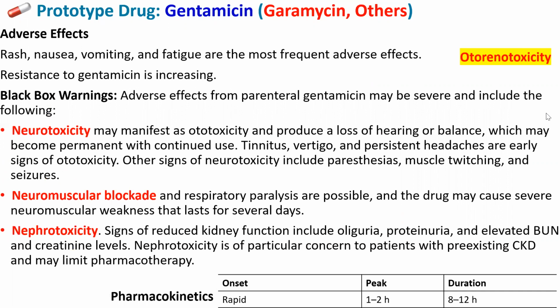The first main adverse effect of gentamicin is going to be otorenal toxicity, toxicity to the ear and kidneys. The adverse effects include rash, nausea, vomiting, and fatigue. These are the most frequent adverse effects, and the most serious are the otorenal toxicity.